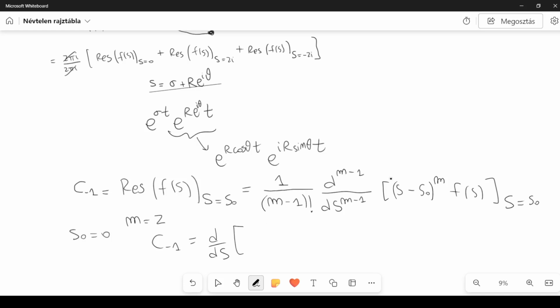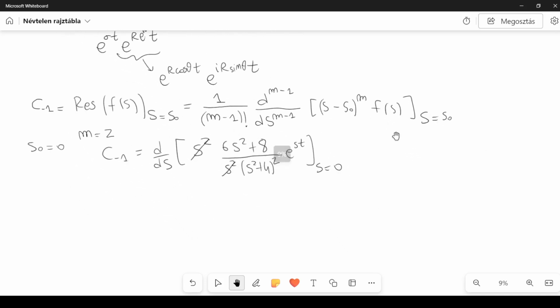And then here I have s minus s0, but s0 is equal to 0, so we have s to the power 2, because we have m there. And then we have f of s, which is (6s squared plus 8) divided by (s squared plus 4) squared, e to the st. And then we have to evaluate this at s equal to 0 after we compute the derivative. So we can see that this s squared simplifies.